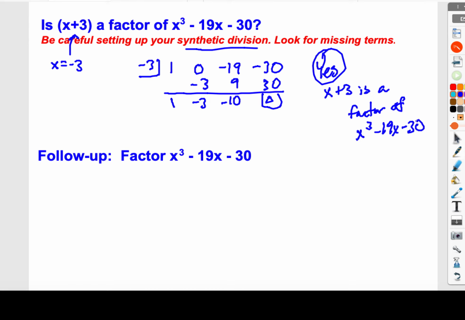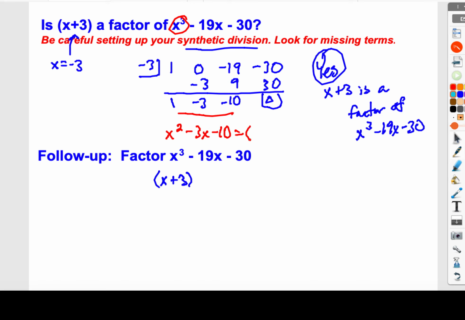What it also allows us is the follow-up question down in the bottom. What if we wanted to factor x cubed minus 19x minus 30? Well, I know one of my factors right now is x plus 3. And the other two factors, because again, it was x cubed at the beginning, so I expect 3 factors, are going to come from this part down here, these leftover numbers after the synthetic division. So now this is x squared minus 3x minus 10.